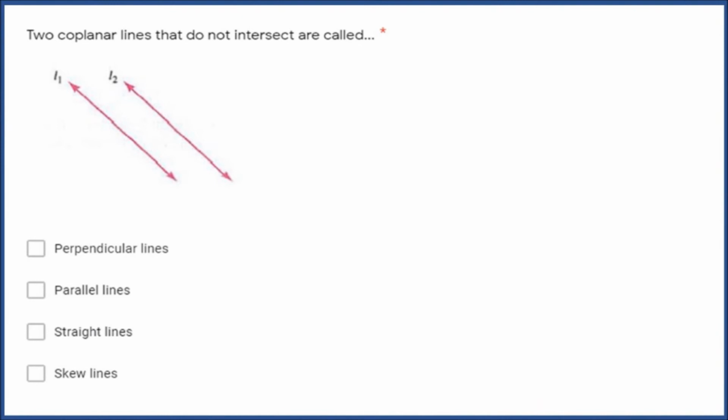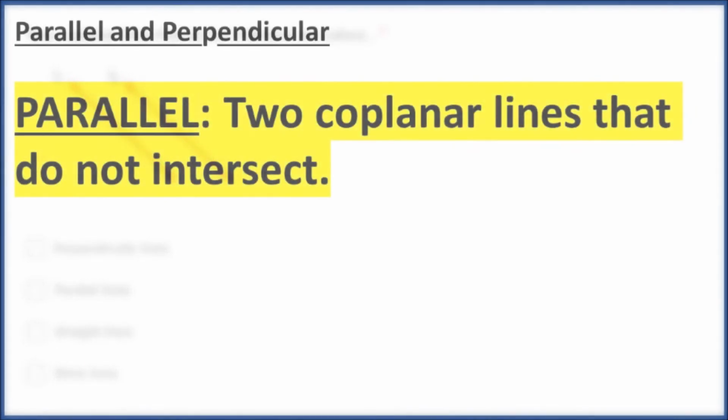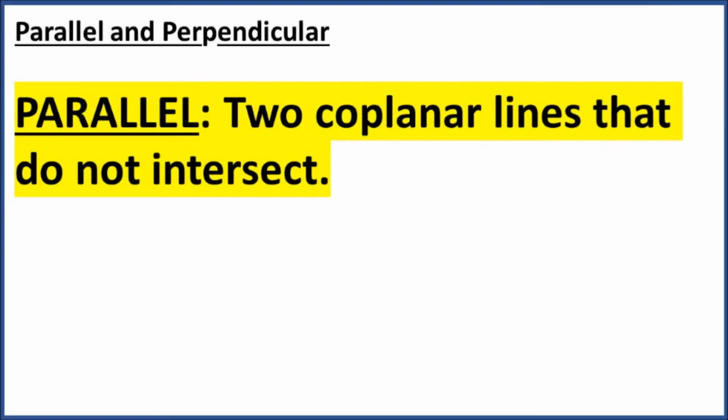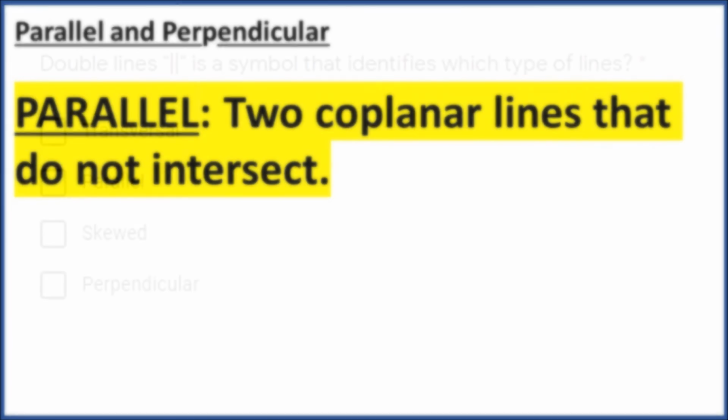Two coplanar lines that do not intersect are called perpendicular lines, parallel lines, straight lines, or skew lines. The answer is parallel lines, which are two coplanar lines that do not intersect. Next question.